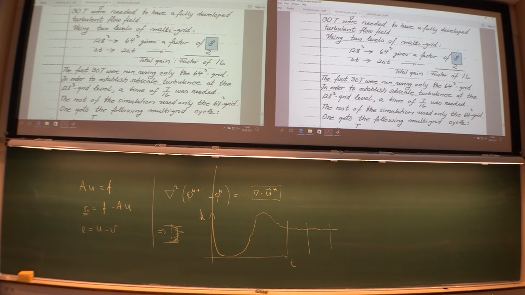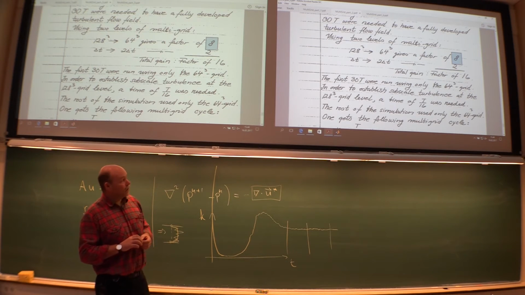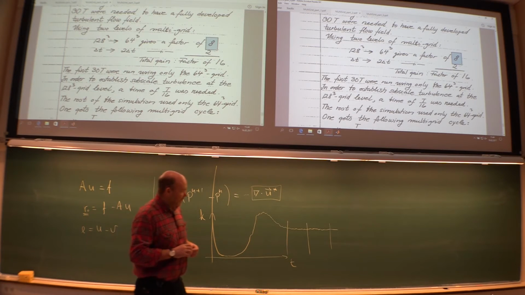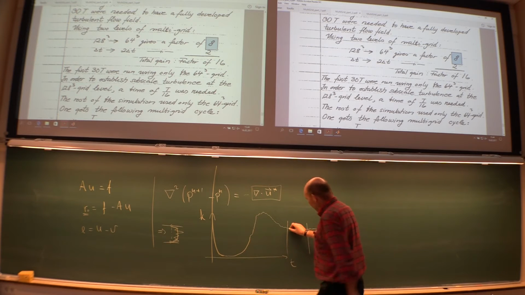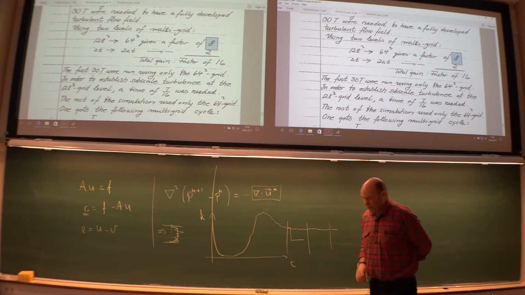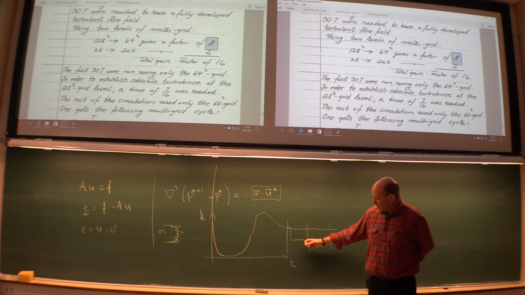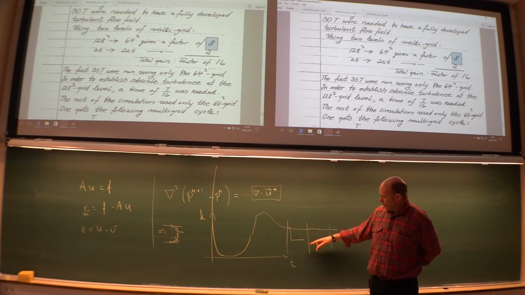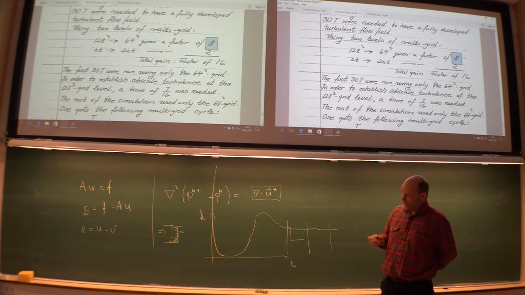Also, now my mesh was so crude I couldn't really call it a DNS anymore. I had to switch on a turbulence model, a large eddy model, to be able to do it. But yes, it was possible. And then I could travel much faster on the coarse mesh. When I had achieved enough time there, I wanted a new fine level solution.